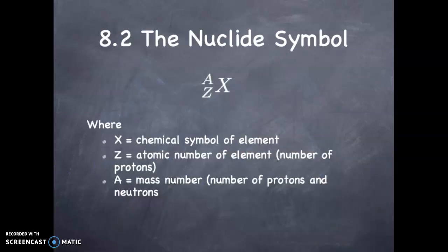The nuclide symbol is this structure, an X, with a superscript A and a subscript Z. The X is the chemical symbol of the element. The Z is the atomic number of the element, the number of protons, and capital A, the mass number, the number of protons and neutrons added.